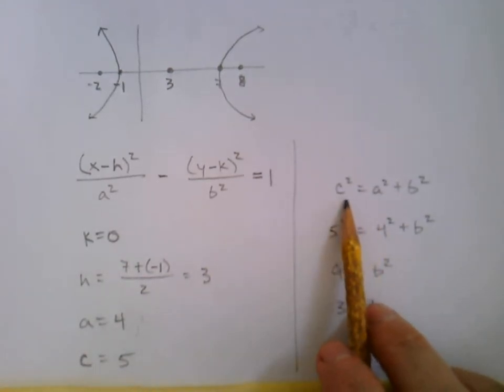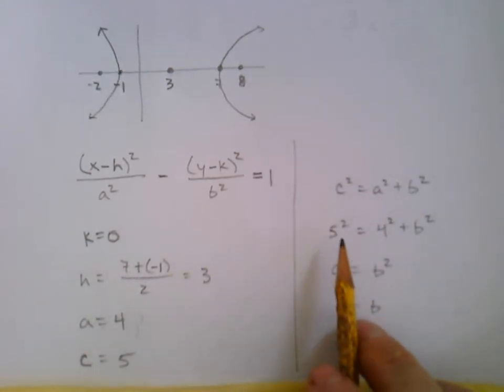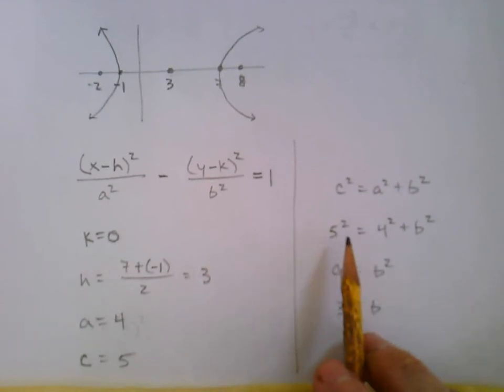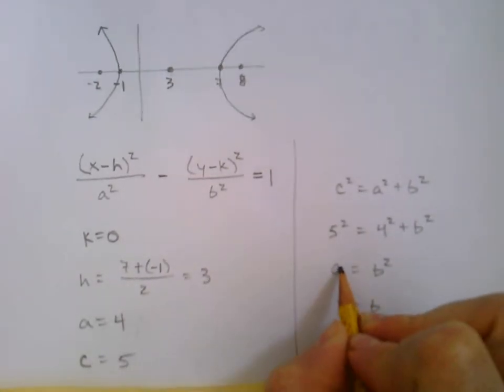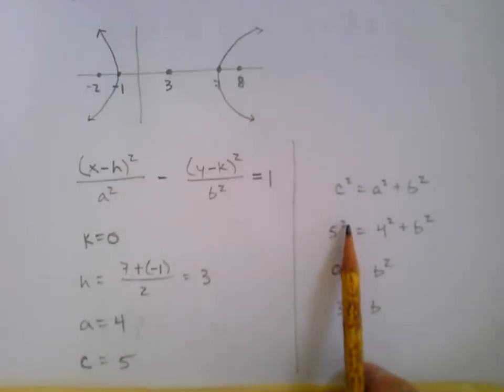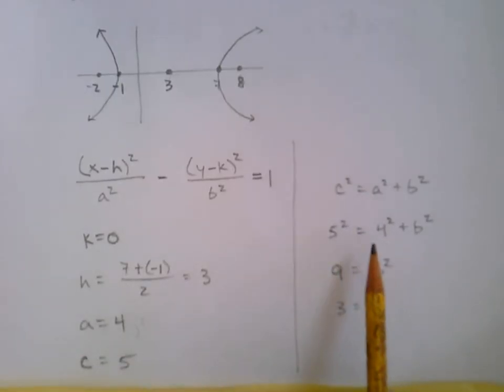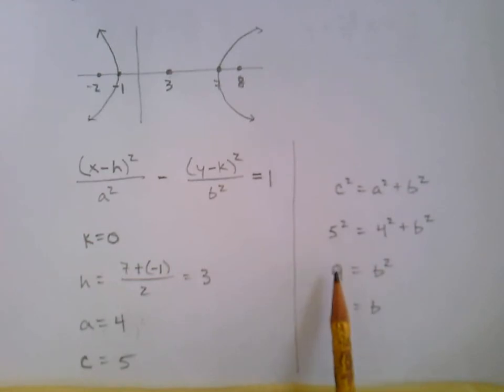We'll use c squared equals a squared plus b squared, and we've got that 3, 4, 5 Pythagorean relationship going on. So 5 squared equals 4 squared plus b squared. That's 25 and 16. Subtract, and b equals 3.